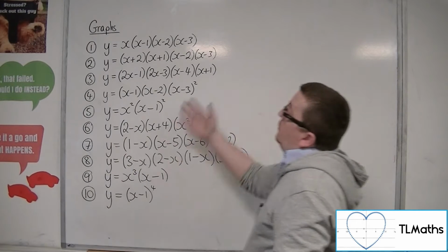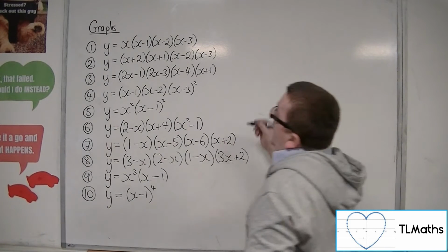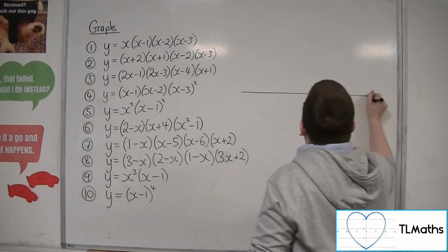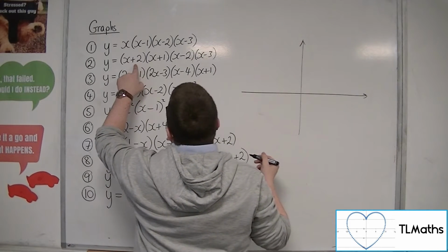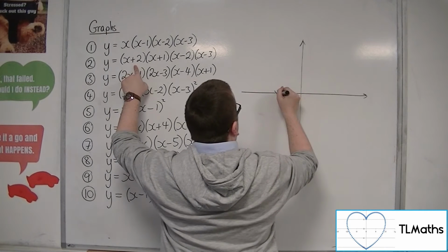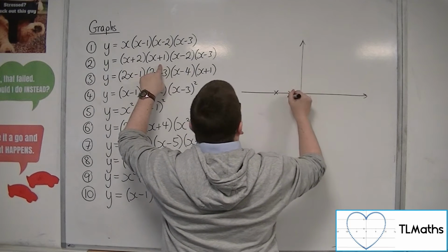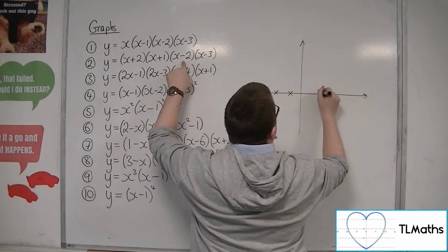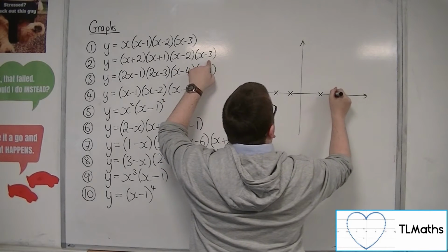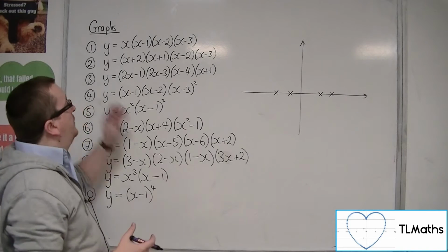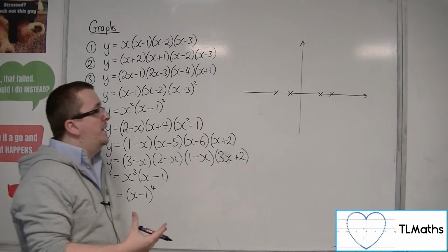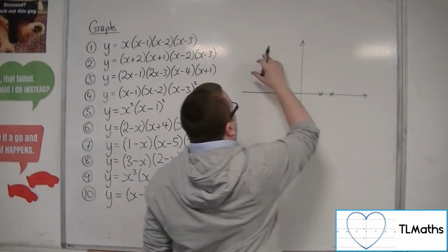So number 2, we've got y is equal to x plus 2, x plus 1, x minus 2, x minus 3. Okay, so we've got a curve that's going through minus 2, minus 1, 2, and 3. And of course, because if I multiplied this out, I'd get a positive x to the 4, I must be starting in the top left.